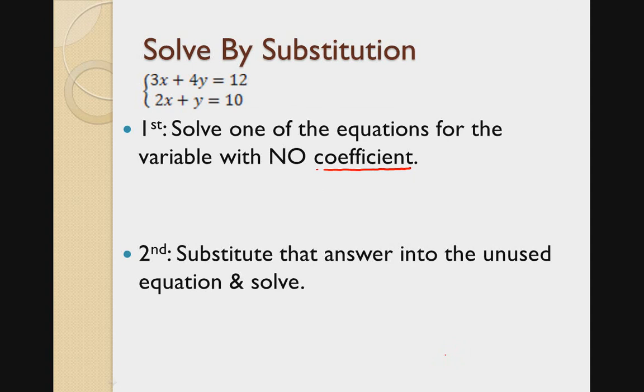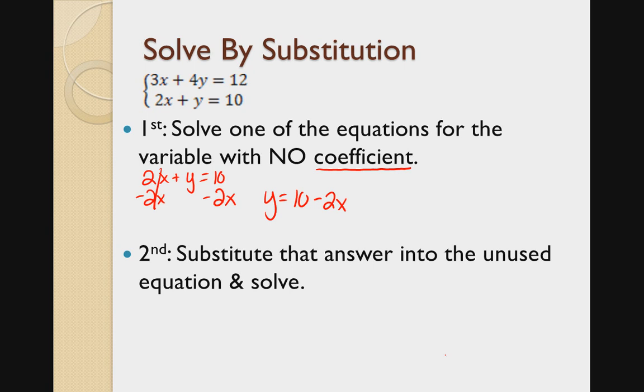So the only equation that has no coefficient is the second equation, with the variable y. So we're going to take the second equation, 2x plus y equals 10, and solve for y by subtracting 2x, so that y equals 10 minus 2x.